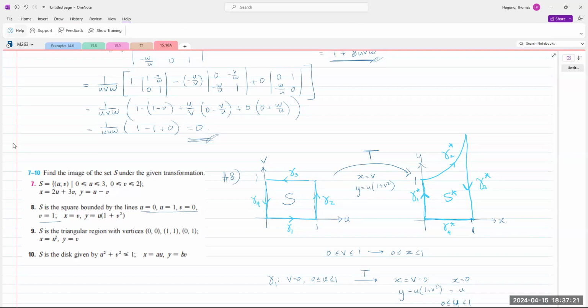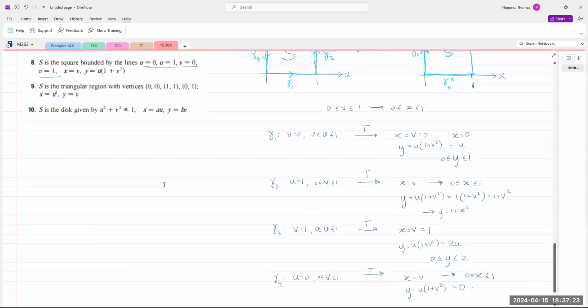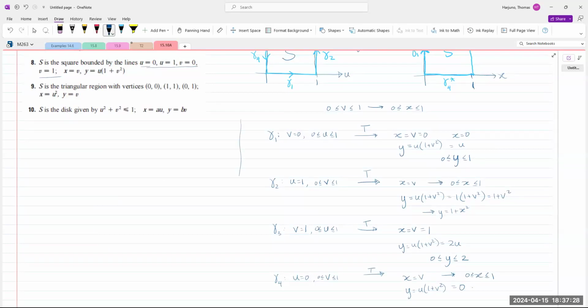Let's see number 10. We have S is a unit disk with radius 1. With transformation T, what will that be if x equals au and y equals b phi?